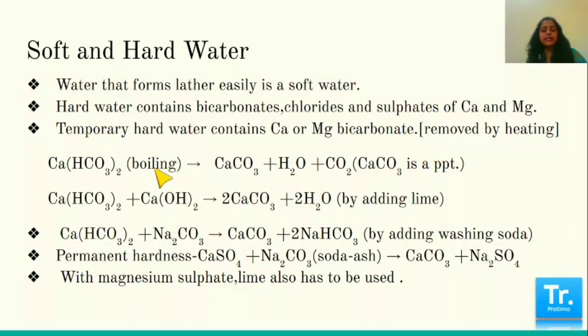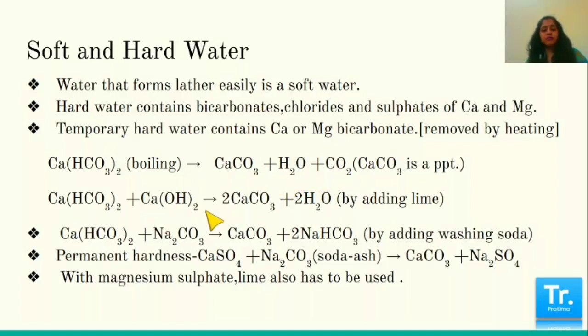So by heating, that is by boiling, calcium bicarbonate, which is water soluble, will give you calcium carbonate, water and carbon dioxide, and calcium carbonate is a precipitate which can be filtered. The same can be done for magnesium bicarbonate as well, to give you magnesium carbonate, water and carbon dioxide, which comes out as a precipitate and can be filtered.